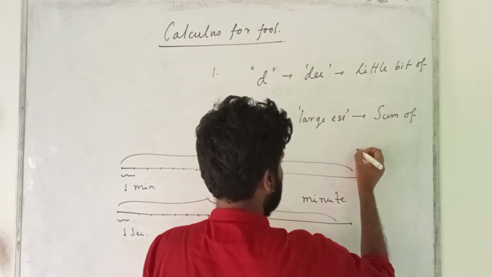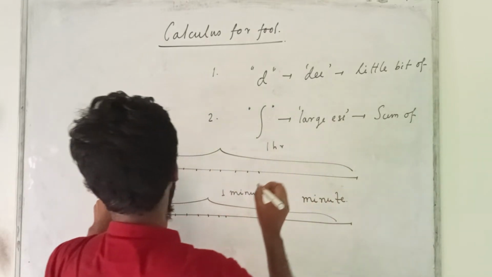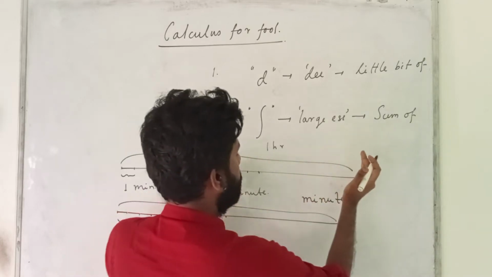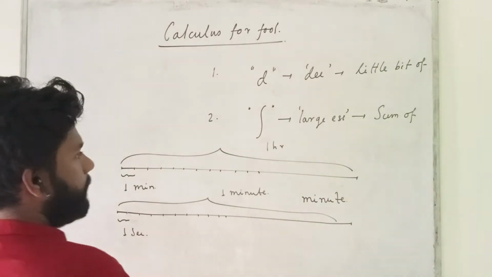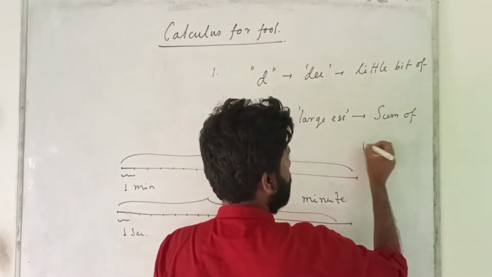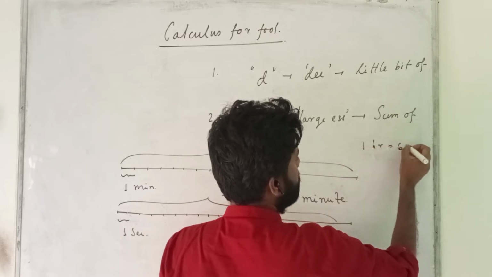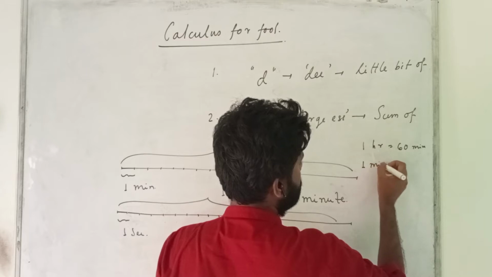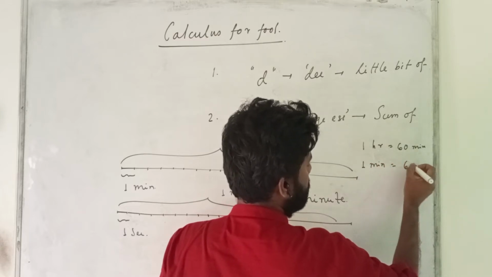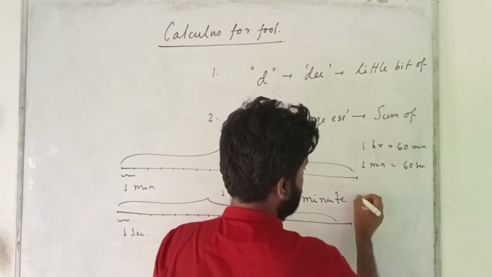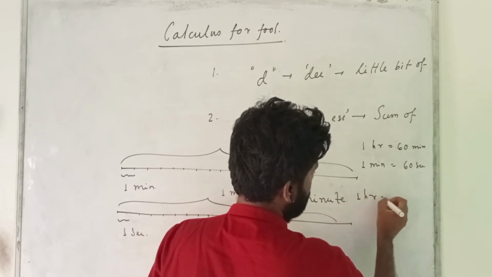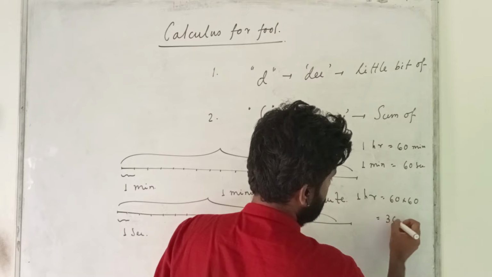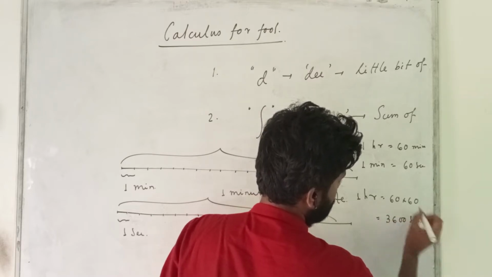So just a simple thing. There are 60 minutes for 1 hour span of time. So 1 hour means 60 minutes and 1 minute means 60 seconds. So 1 hour is 60 into 60, that means 3600 seconds.